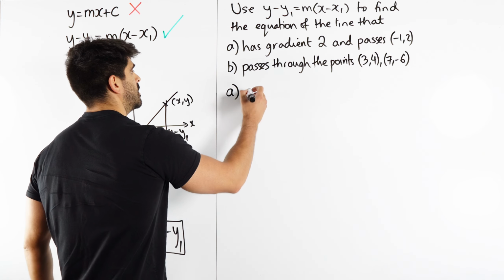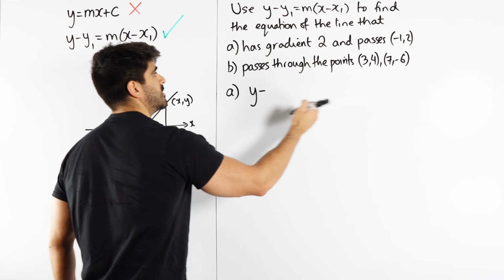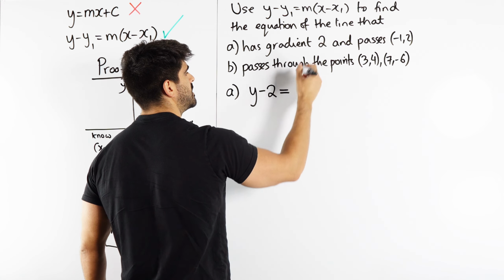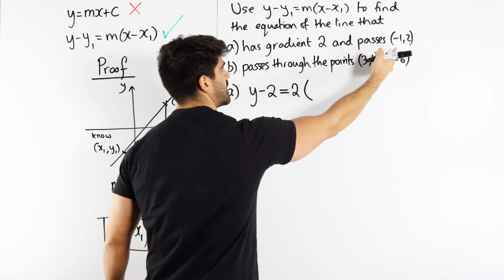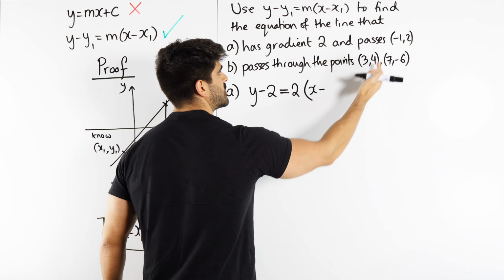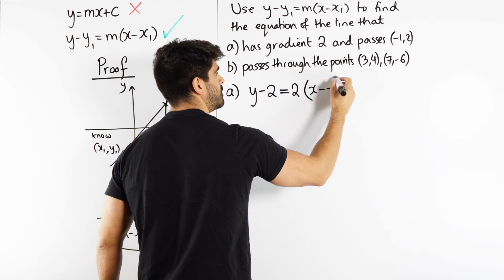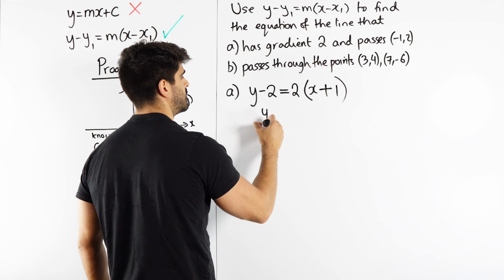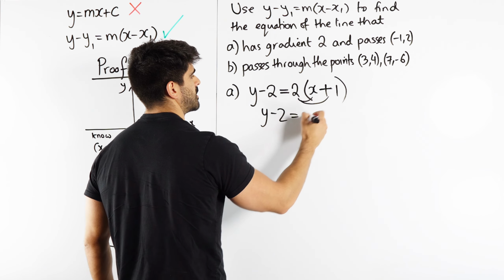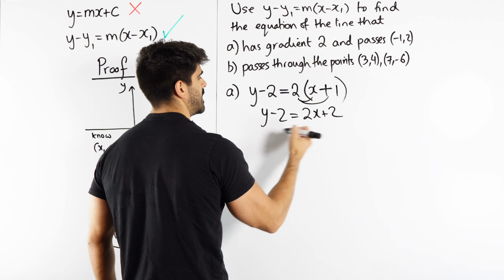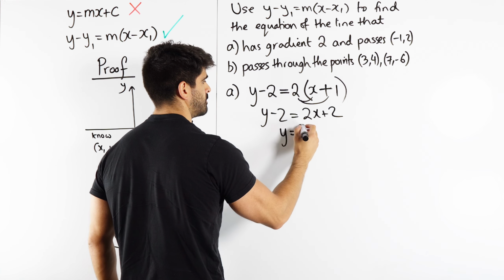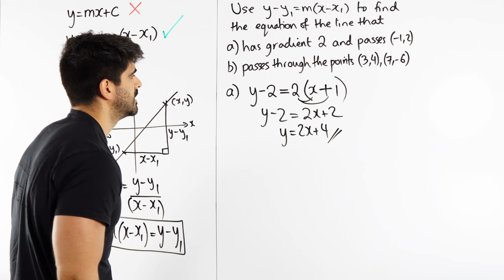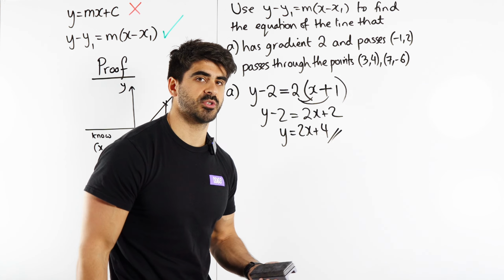So we're going to do y minus the y coordinate is the gradient times x minus the x coordinate. Well, the double minus becomes plus. We expand. So we have 2x plus 2. And then we add the 2. And that's done.